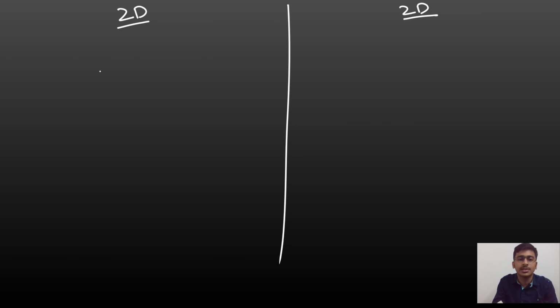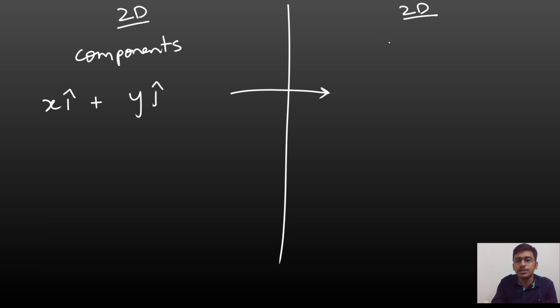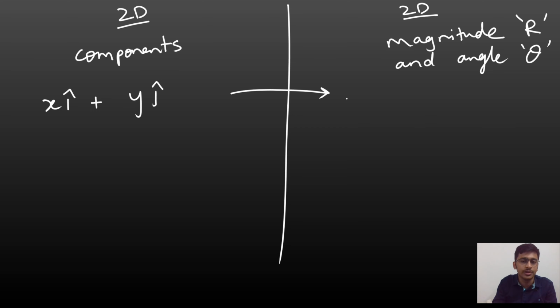In a 2D space, if I have components, let's say x i cap plus y j cap, I can convert these components to magnitude r and angle theta by simply using Pythagoras first. R is nothing but root of x square plus y square.